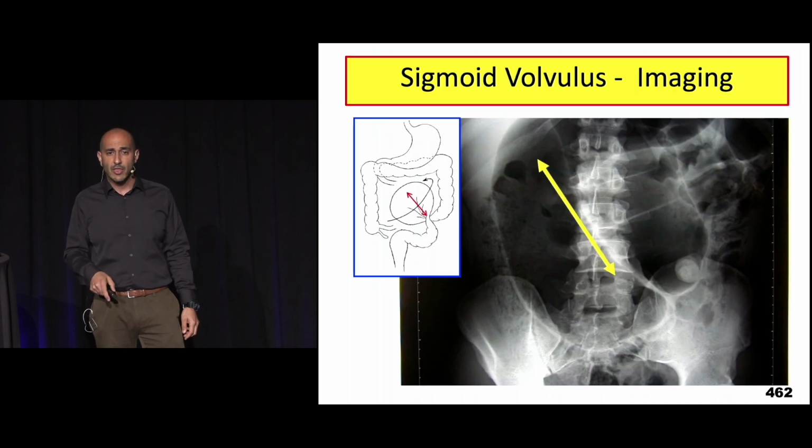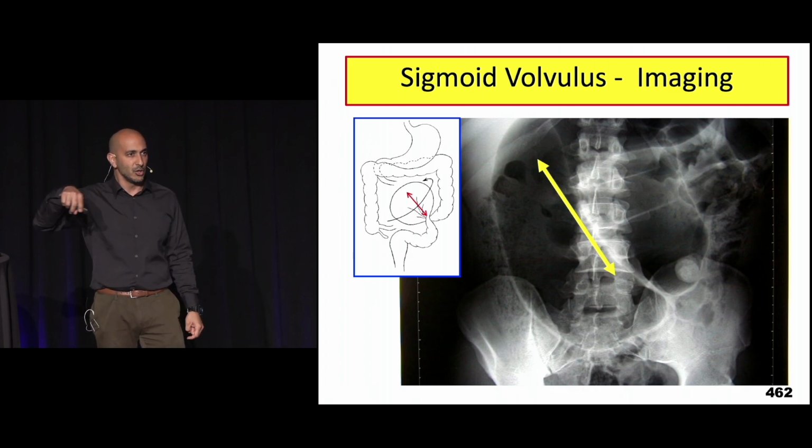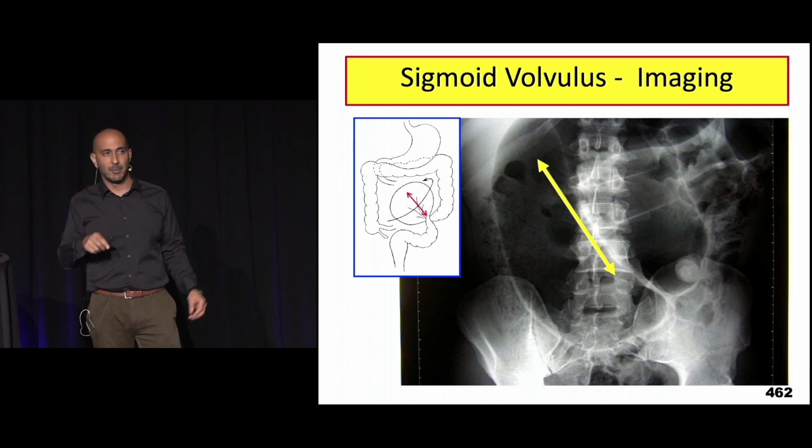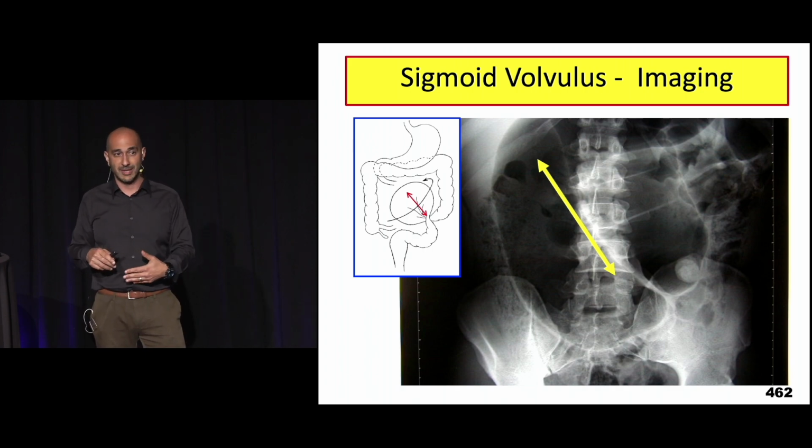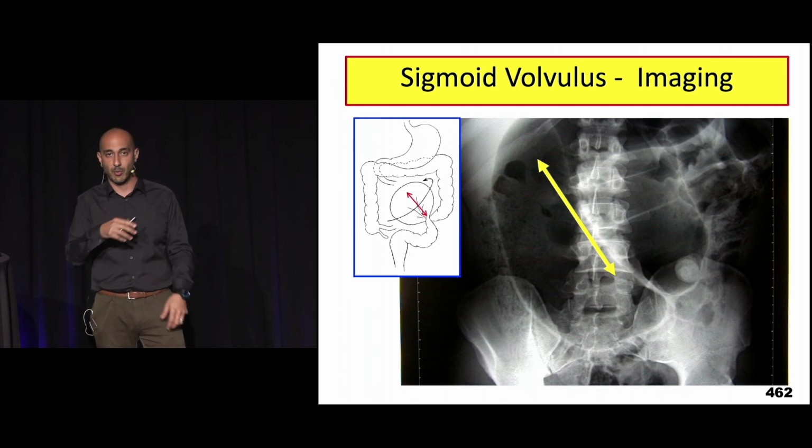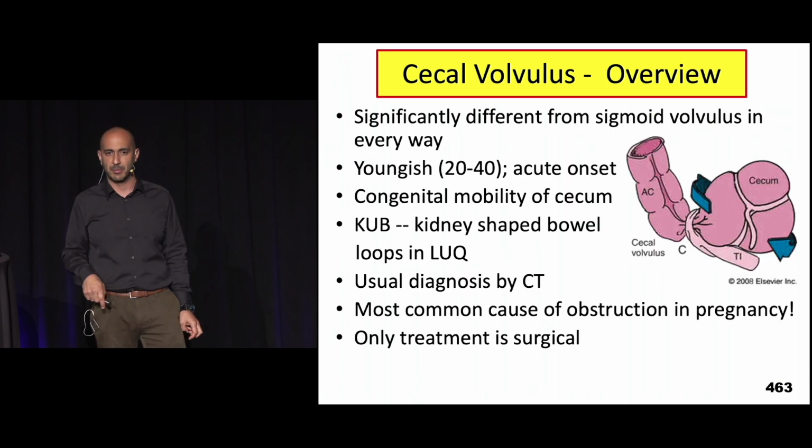But the way these look on the X-ray, if you don't have a CT scan where you're at, they call it the bent U-tube, the inner tube pattern. It goes from the left upper quadrant down to the right upper quadrant down to the left lower quadrant, as you can see here. It's a bent inner tube, a big loop of large bowel. That's a sigmoid volvulus in the right patient population.